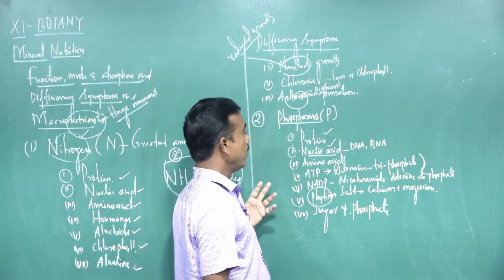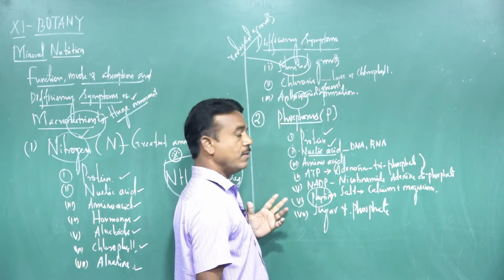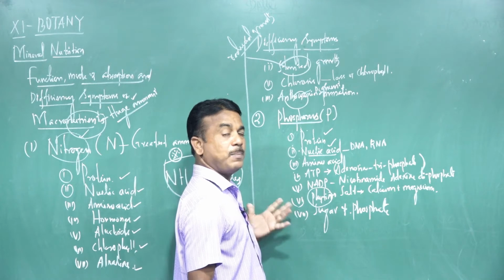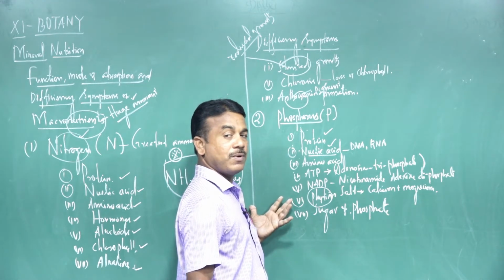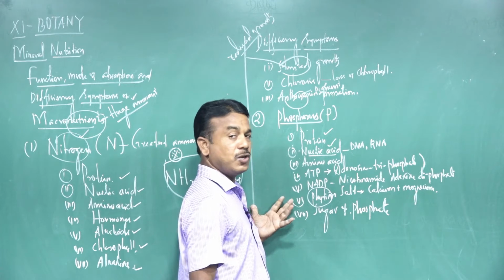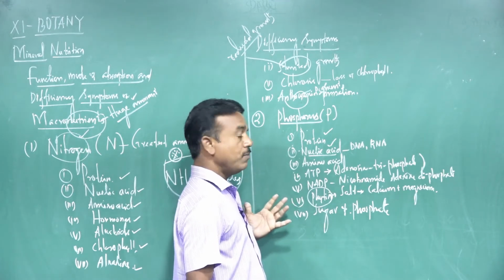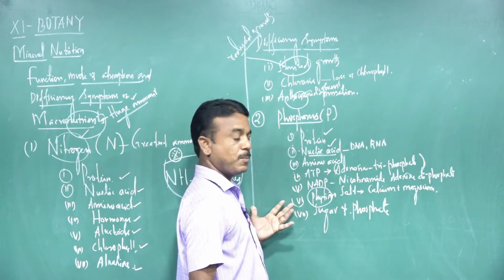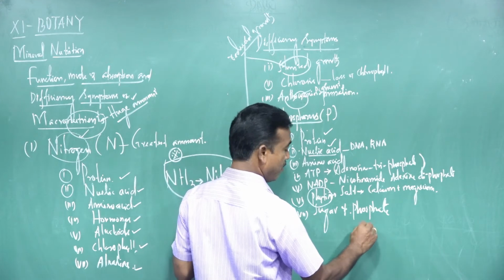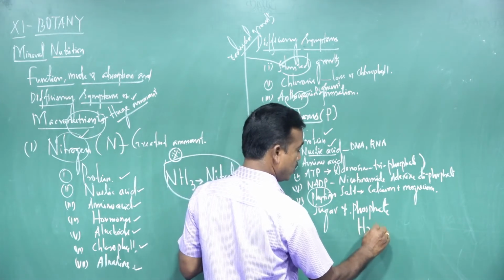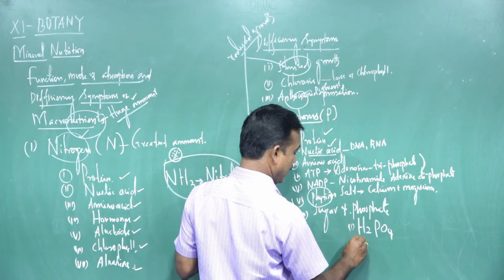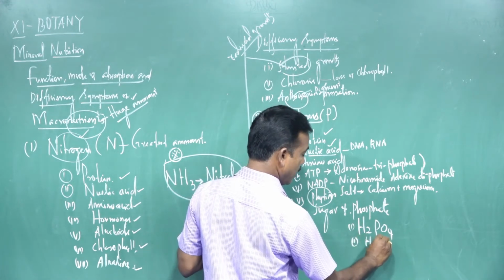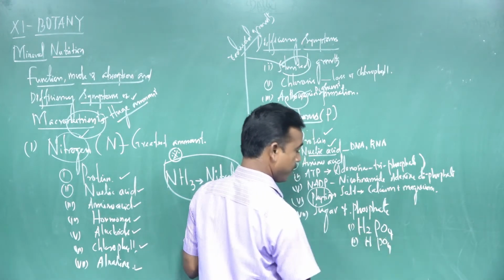In which form do plants take up phosphorus? Nitrogen is taken up in the form of nitrate; likewise, phosphorus is taken up in the form of H2PO4 or otherwise HPO4.